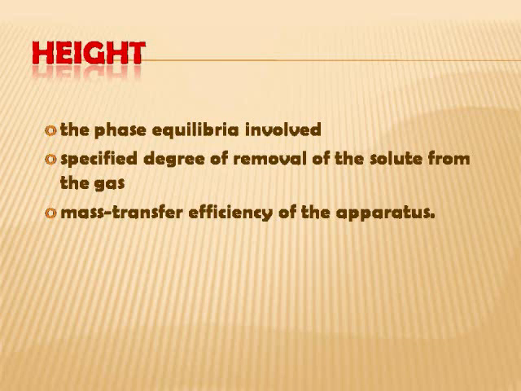While the theoretical stages for the plate tower and the number of transfer units for the packed tower actually depend on the phase equilibria involved and the specified degree of removal of the solute from the gas. And in addition to that, the mass transfer efficiency of the apparatus is derived from the tray efficiency and spacing for the plate tower and from the height of one transfer unit for the packed towers. The solute removal specifications normally are derived from economic considerations.